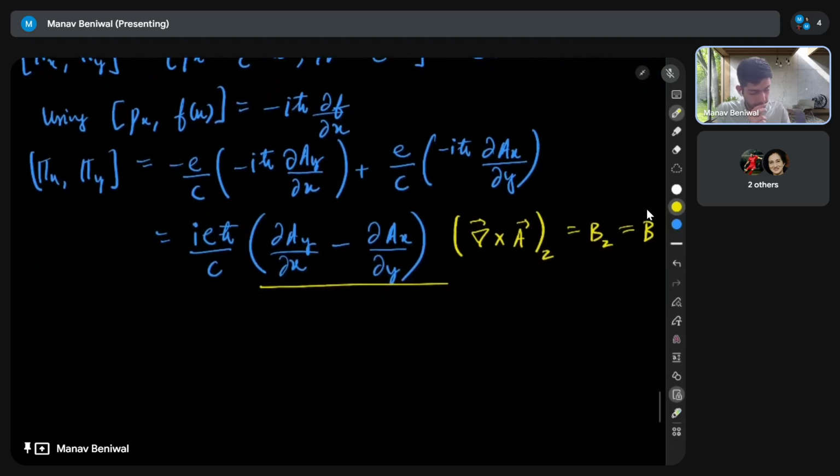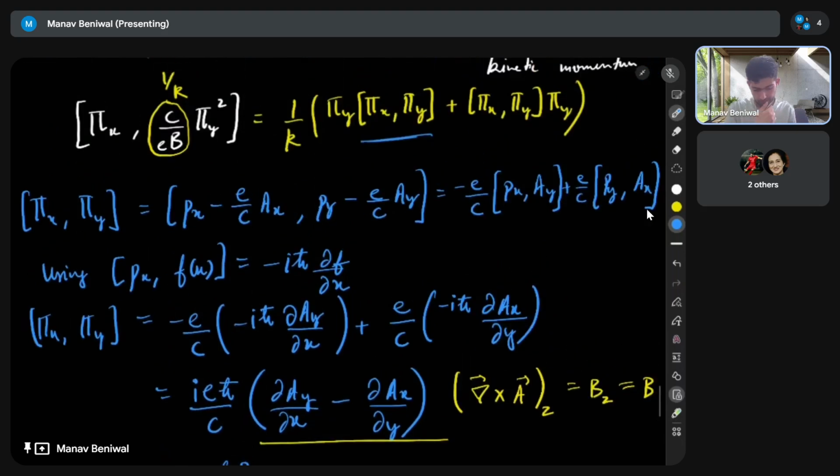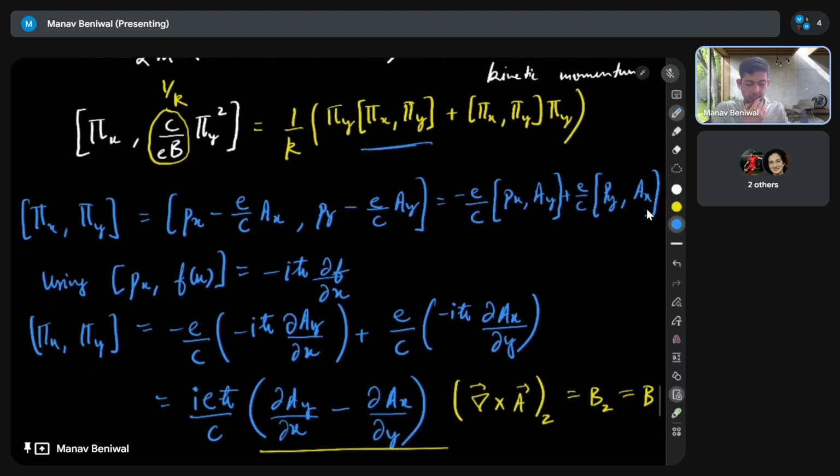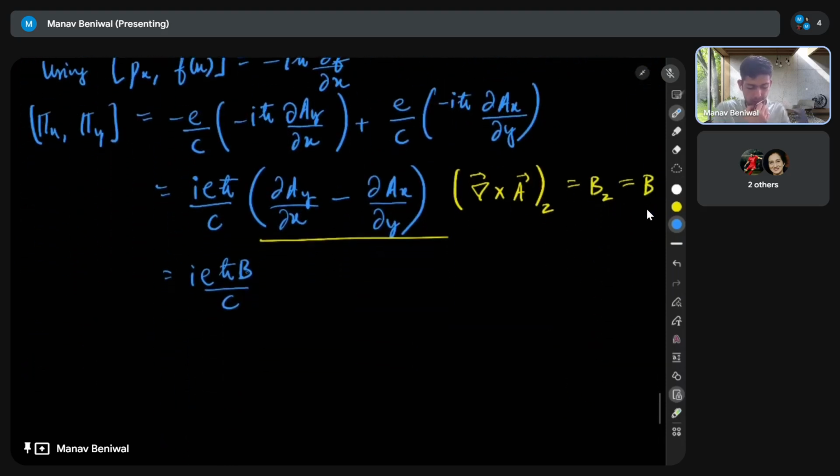Therefore, this commutator becomes iota e h cut B by c. And if you recall, this eB by c we are calling k. So we can simply write this as iota h cut k.